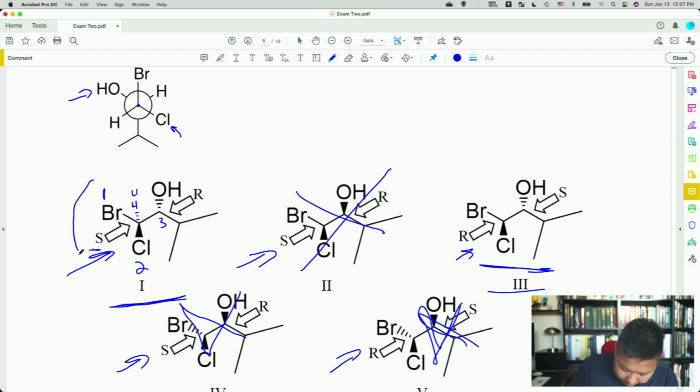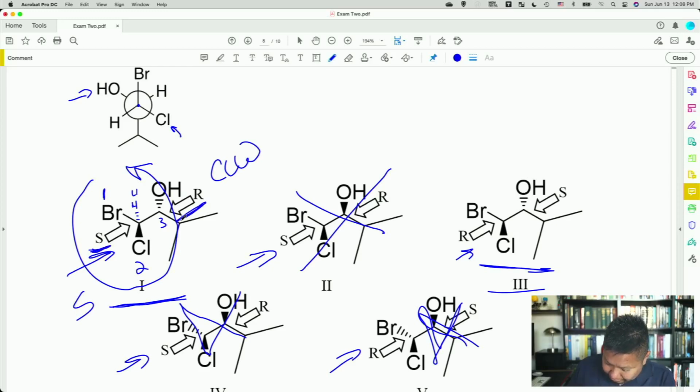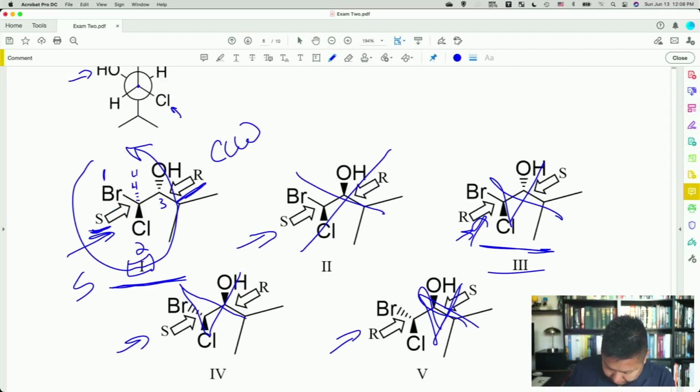So 1, 2, 3, 4. We're going counterclockwise, which means this is an S on this side. This is correctly labeled as an S, which means the other one must be R, which means this one is incorrect because it's saying that this is an R on that side and it's not. So the answer here is structure I, or 1.